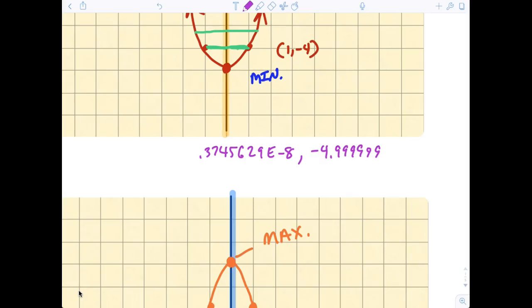I need everybody to look up and say they understand that this number right here looks like 0.37. Because people don't read the whole number. The whole number is what? E to the negative 8. As soon as you see e to the negative 8, you know that that is 0. So the answer here is 0, negative 5, which we already knew, but now I'm showing you how to do that on your calculator.